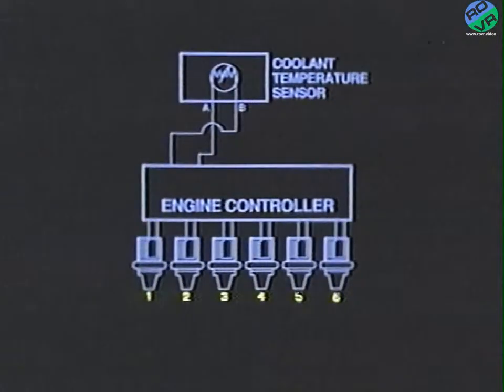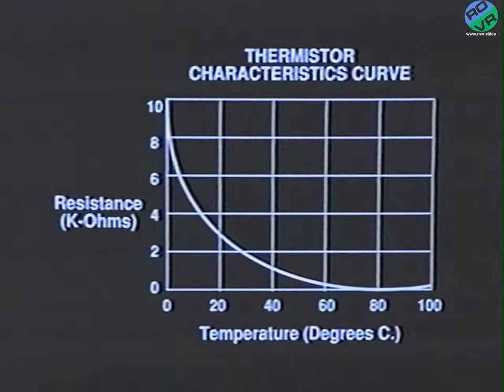The coolant temperature sensor sends an analog signal to the engine controller, which is used to calculate injector pulse width based on engine temperature. Input from this sensor will also affect idle speed motor position and spark advance operation. Both of these sensors are thermistors, in which the sensor resistance decreases as temperature increases.